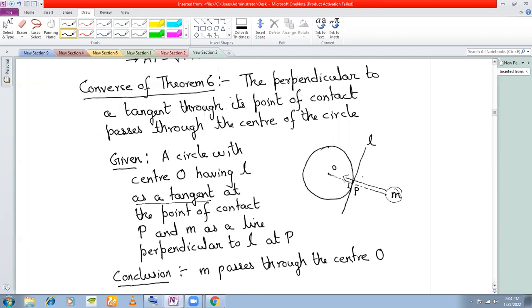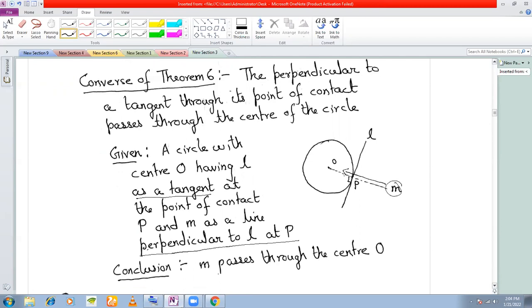And is also perpendicular to the tangent. So it is given to you that lines L and M are perpendicular to each other and pass through the point of contact. Then your conclusion is that this line M must pass through the center of the circle.